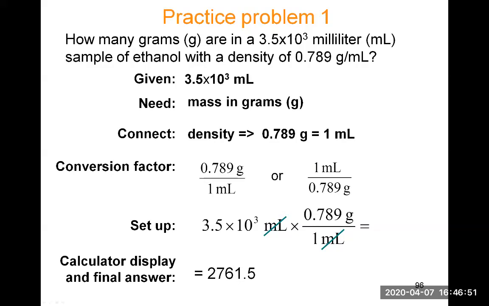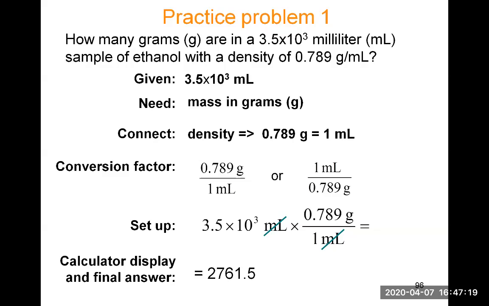So looking at the final answer and starting from the left, we count the 2, we keep the 2, the 7, we keep the 7, and that's already 2 sig figs. What comes after the 7 is a 6, which is more than 5, so you will need to round up. So the 7 will become an 8. And then we need to drop everything that comes after that. But be careful here.